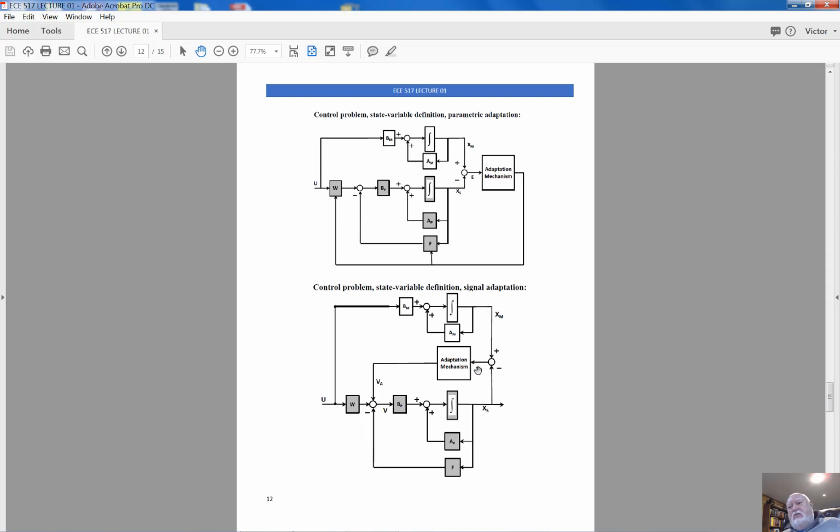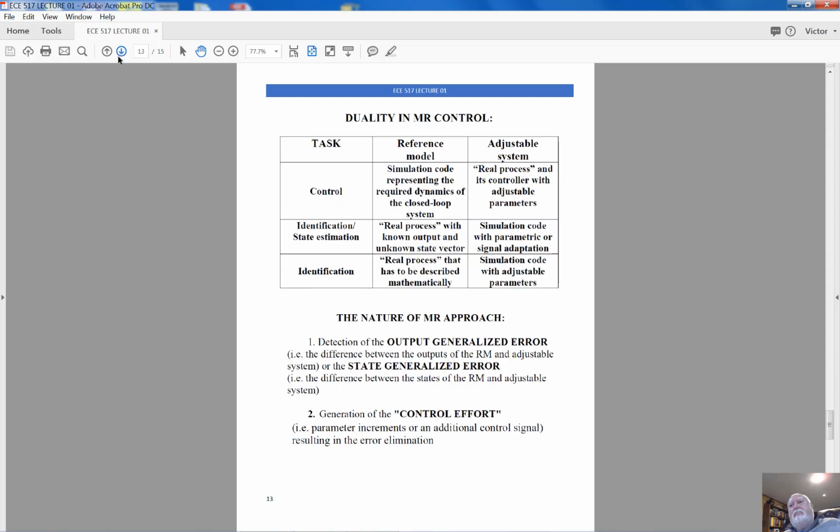We extract the error, we have the adaptation mechanism, and this adaptation mechanism generates a special control signal. And the purpose of the signal is to force a real physical system to follow the reference model. And then you have to recall that in some cases, a reference model was a simulation code, a simulator in, let's say, the flight control computer of the system.